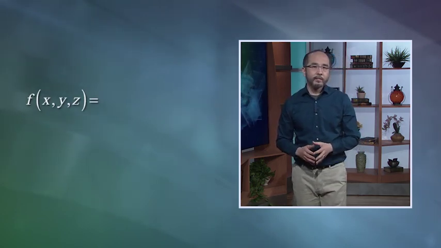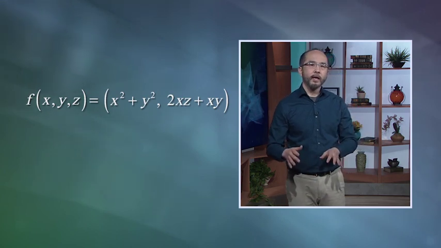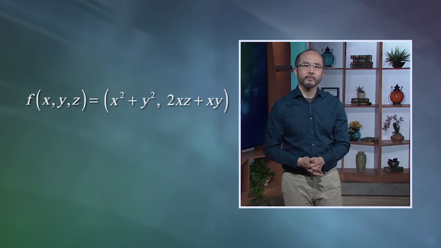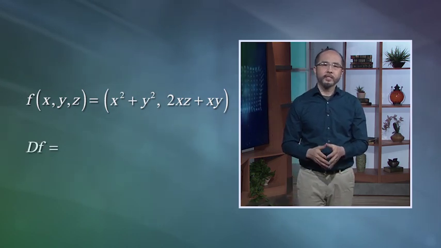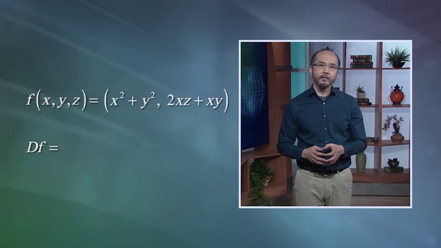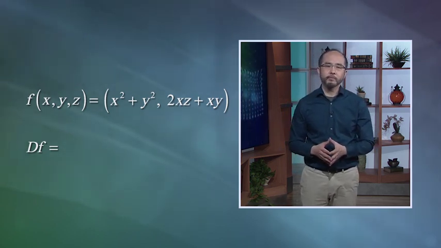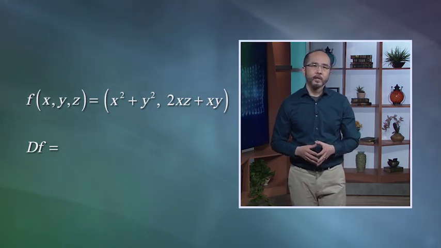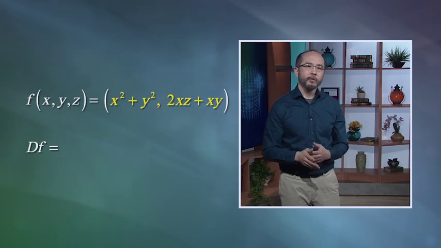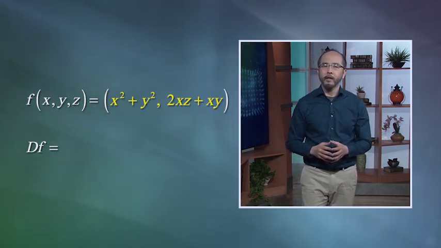Suppose f of x, y, z is the vector x squared plus y squared and 2xz plus xy. What is the derivative matrix df? Well, the first thing to ask is, what are the dimensions of df? I'll give you a moment to think about that. Well, since f goes from R3 to R2, the matrix df must be 2 by 3 in order for it to behave right.